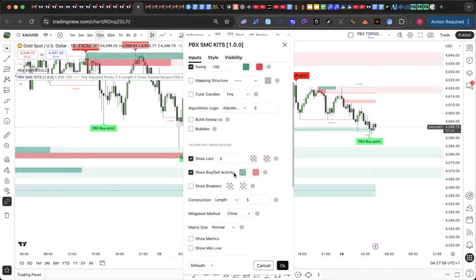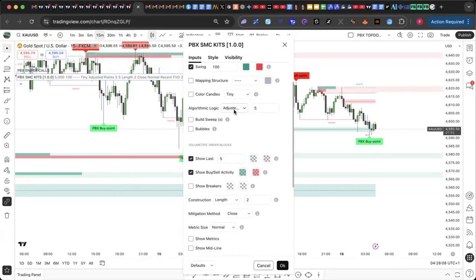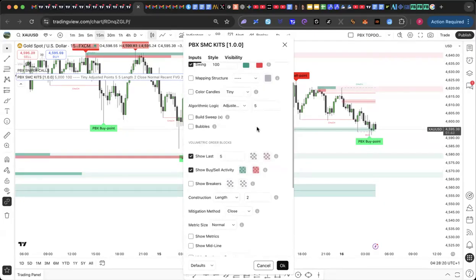Okay, so for contraction, I reduce it to 2. I don't want it to be too big. See what is going to change. Good. And it will help me to form resistance, sell side, buy side liquidity, or supply and demand zones.